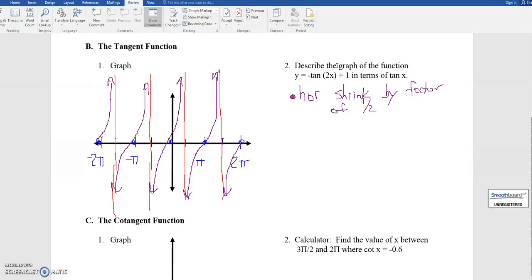That's my B value. I don't have an H value in this case, so now I go to my A value. My A value is just a negative symbol there, so that's reflecting over the x-axis. And then the plus 1 is my K value. I'm just going to shift up 1.